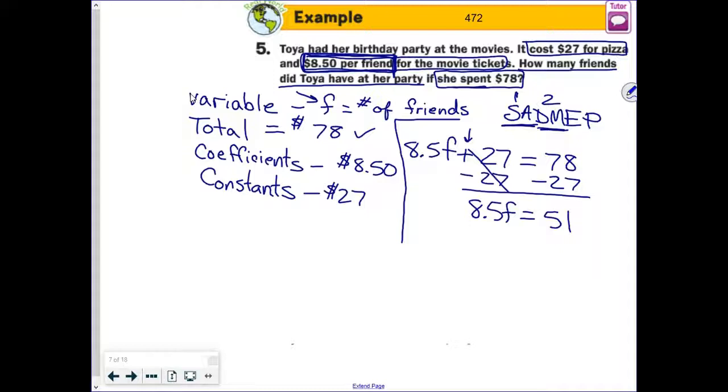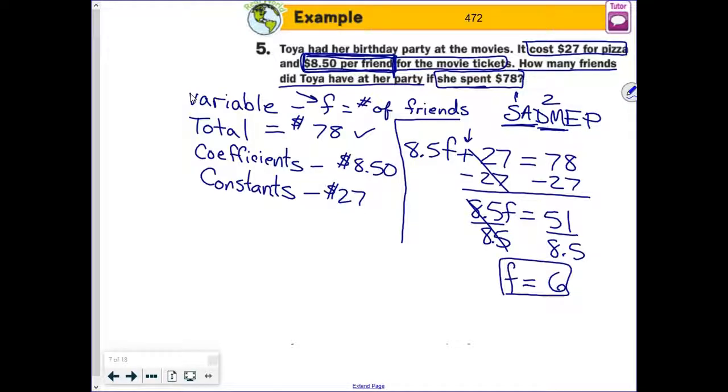Then we are going to divide by 8.5 on both sides because the opposite of multiplying by 8.5 would be to divide by 8.5. 8.5 divided by 8.5 is 1, so we get 1f, the number of friends, and then 51 divided by 8.5. And 51 divided by 8.5 comes out to be 6.